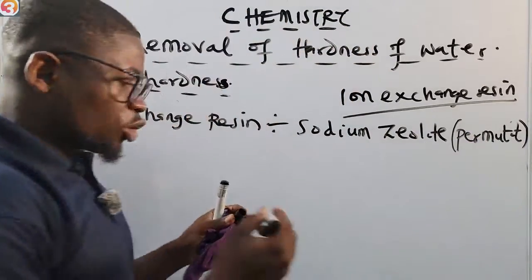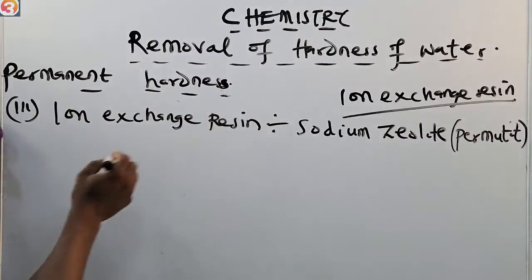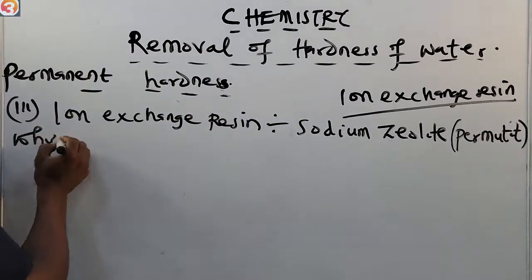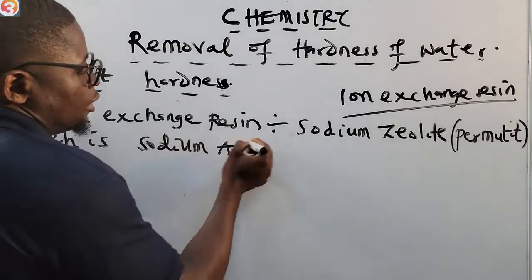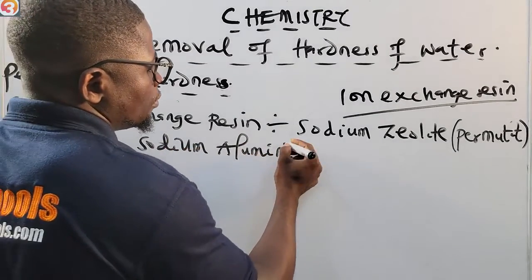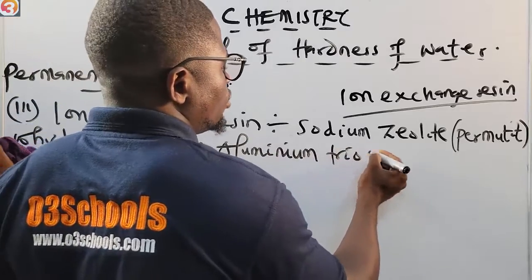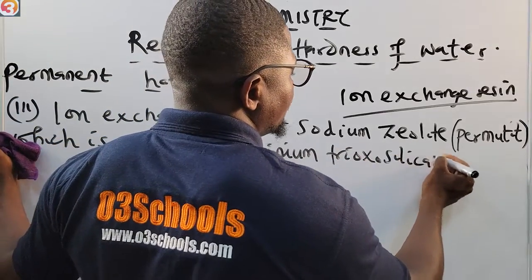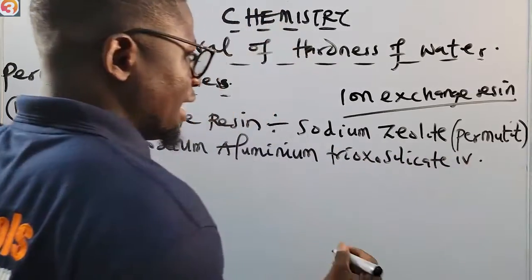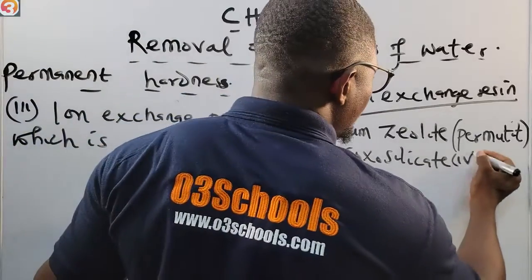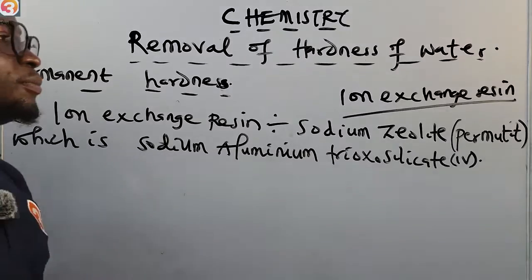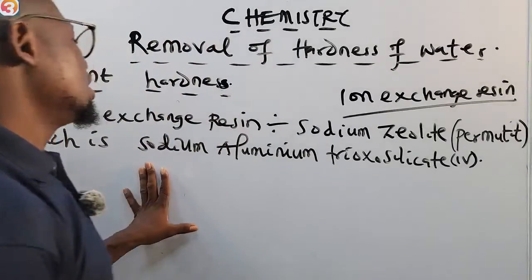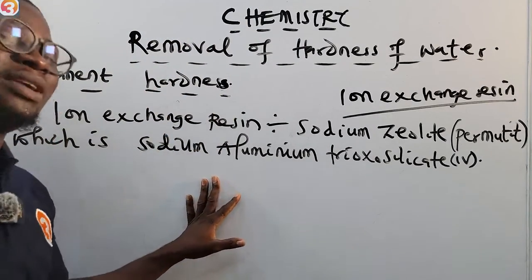Sodium zeolite, or permutit, is sodium aluminium trioxosilicate(IV). That's sodium zeolite or permutit.